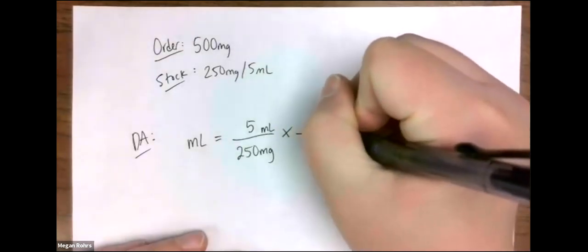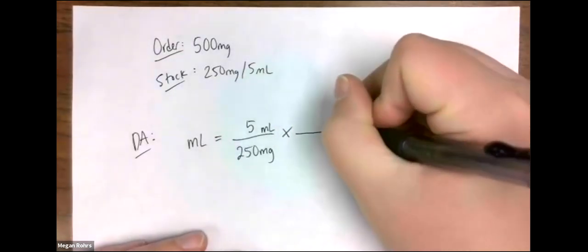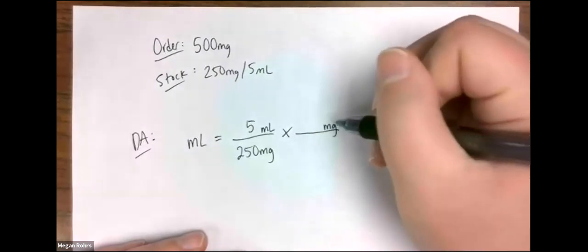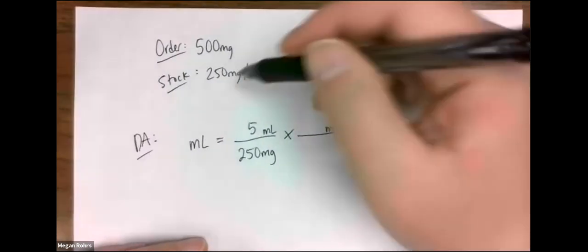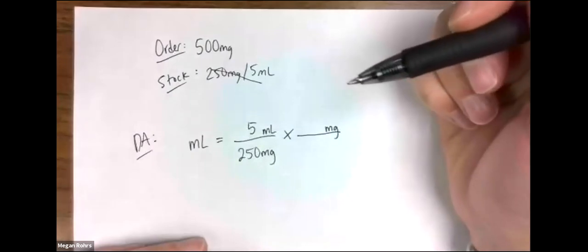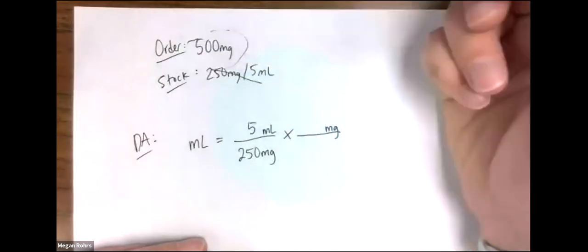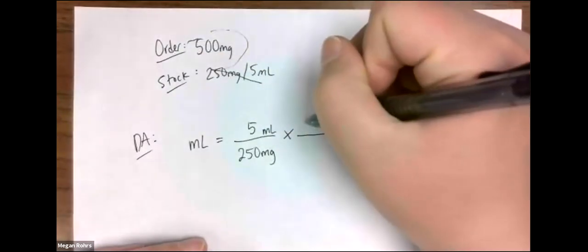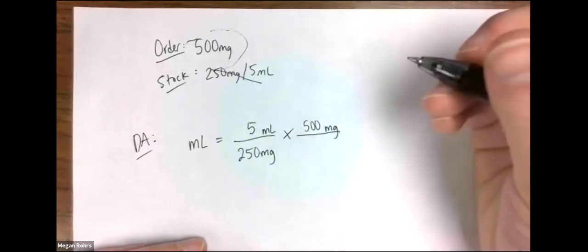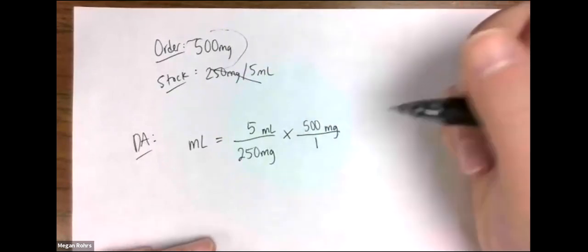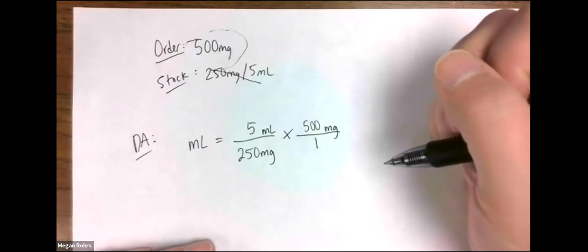How I do that is set up another fraction that has milligrams on top. Well, I've already used my strength, so all I have left is my order, which is 500 milligrams. And that is just by itself, so we can just put that over 1.